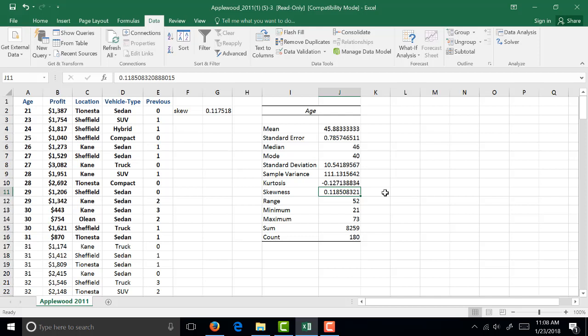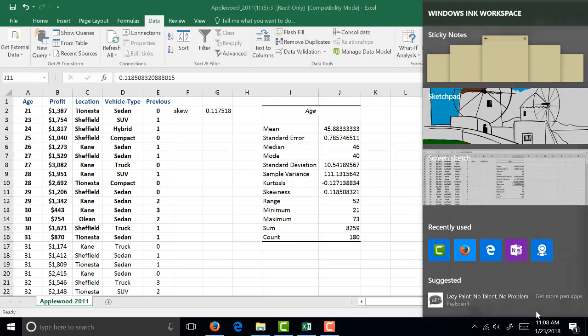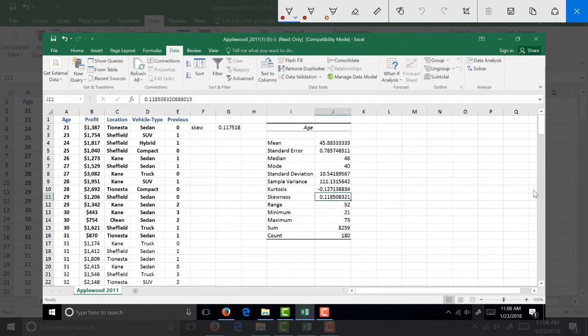Now, I mentioned the relationship between the mean, median, and mode. So I'm going to pull this up just to look at this once again to make it make sense. So we have this idea that it is going to be positively skewed because we have this positive number. So that means that we have that longer drawn out tail. Right, so let me draw it out just a little bit.